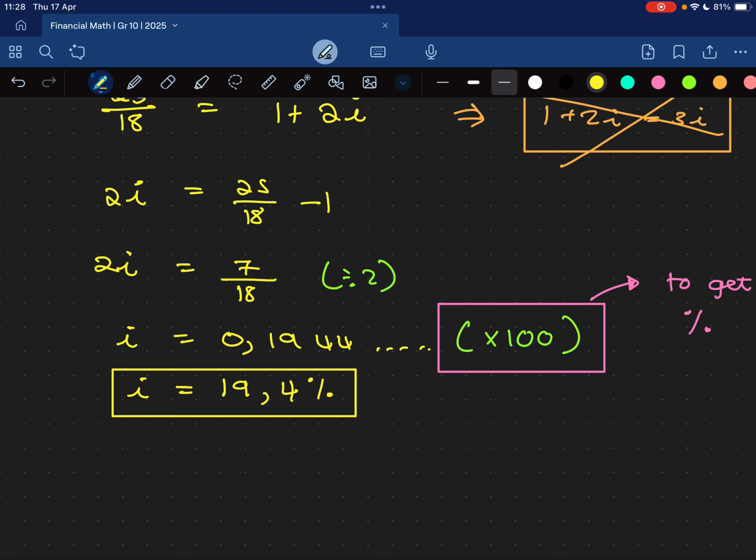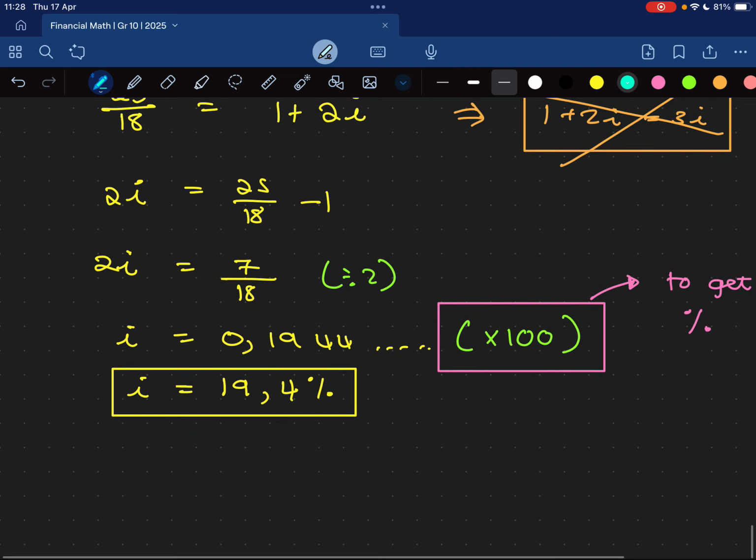Okay, so you'll see some textbooks will call the value R, being that R is the actual value in percentage. So you'll see sometimes they'll say that this is actually R, where R is equal to I over 100.